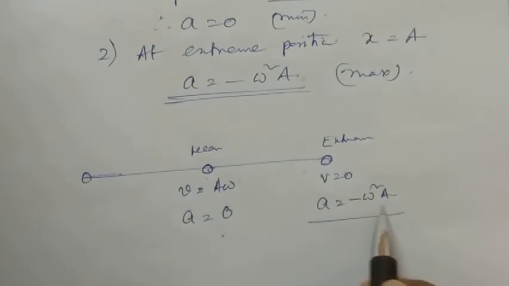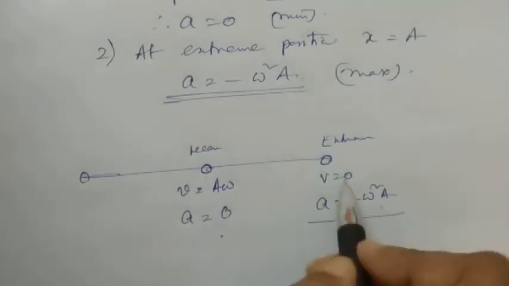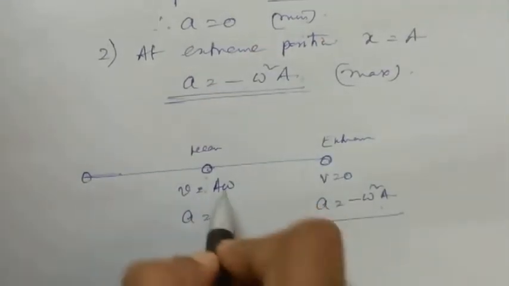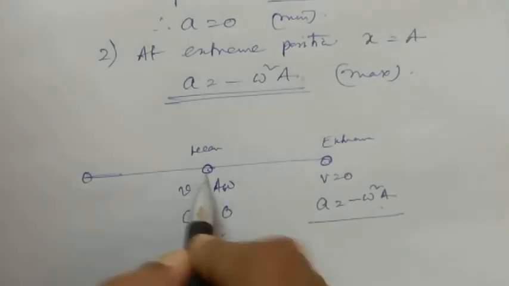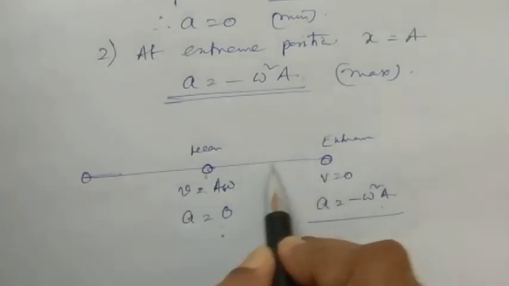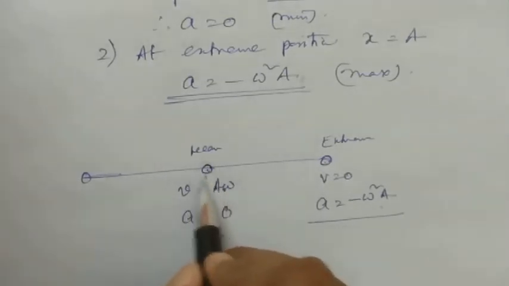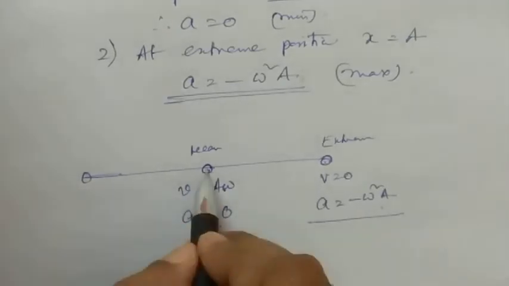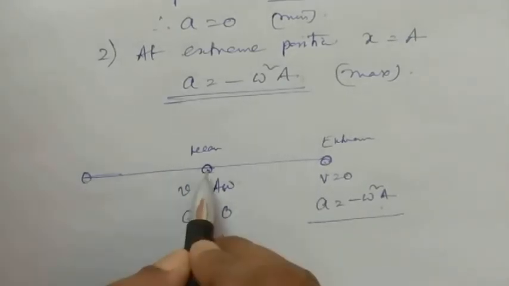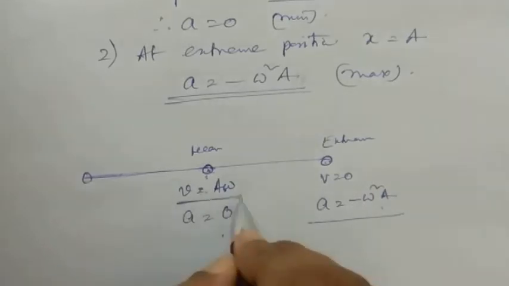That means this acceleration has died down to the value of 0, thus increasing the velocity from 0 to a omega. This value of velocity is again the maximum value at this position. So the particle stops here and comes to this point with the maximum velocity. That means the kinetic energy is present here, which helps the particle to move forward in this direction. The particle does not stop here. The particle moves in the reverse direction because of this velocity.